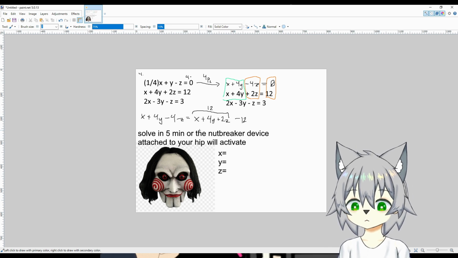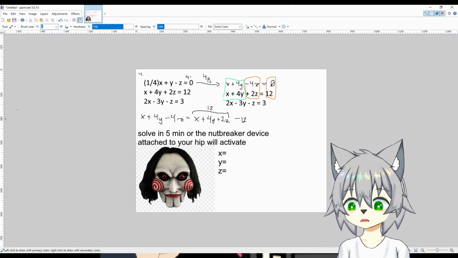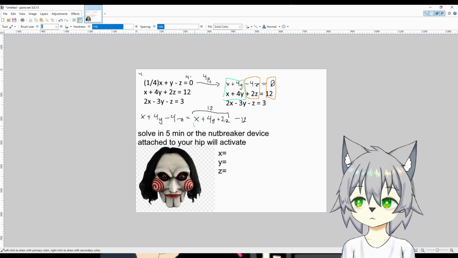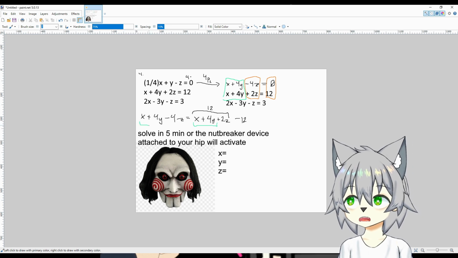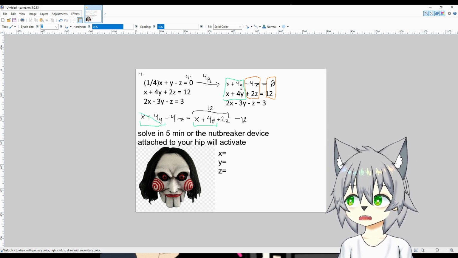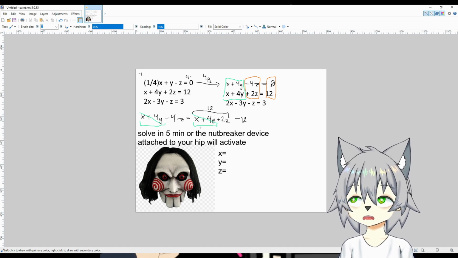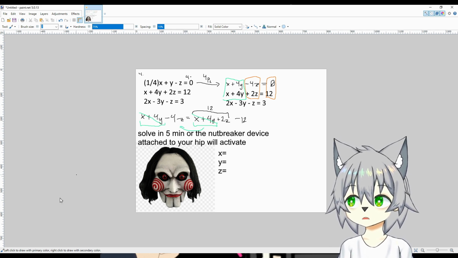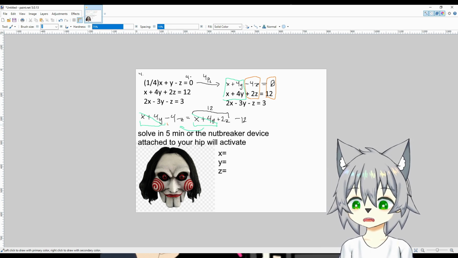So then these two things here are the same. Wait a minute, we can now isolate this. We just cross these out. If we move all this to this side, we also have to subtract this as well.